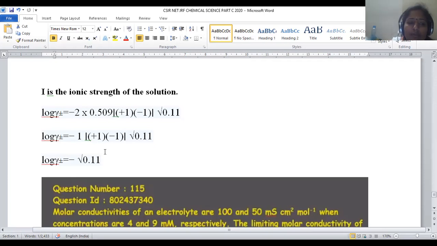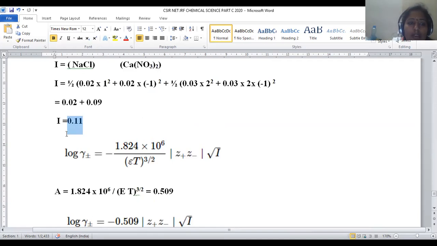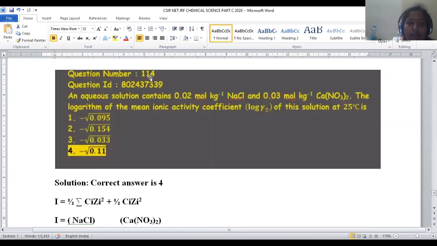So +1 -1 both get cancelled into 1, again it is 1 only. So log gamma plus or minus is taken as minus under root 0.11. What is the final answer? Log gamma plus or minus is equal to minus under root 0.11. Question number 114, option number 4 will be the right answer.